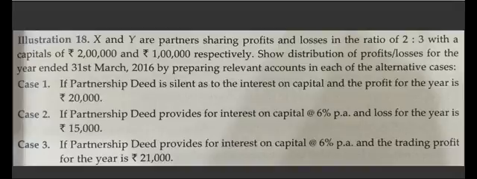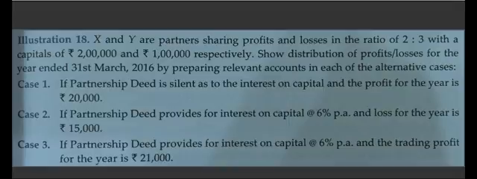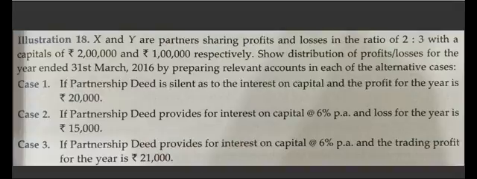In case of an appropriation, interest on capital is provided only when there are profits. Here in case of loss, no interest on capital will be given. Clear? So let's say case 2. In case 2, we will not prepare profit and loss appropriation account. We will prepare profit and loss account.